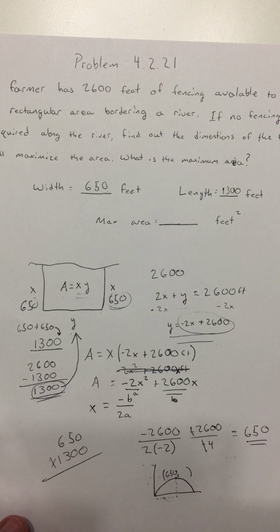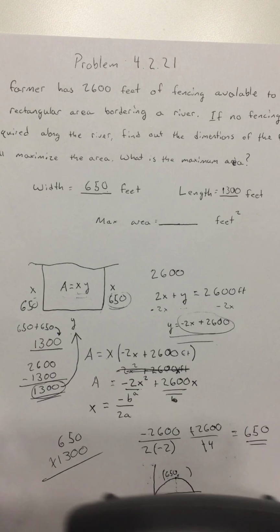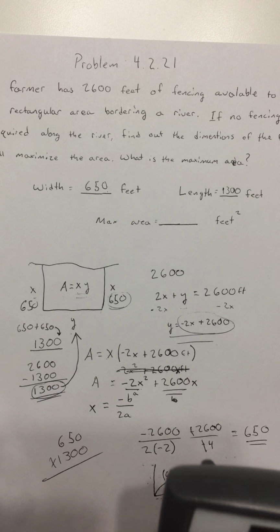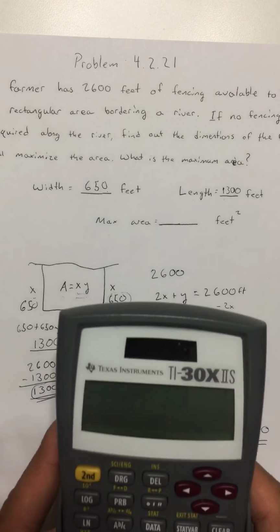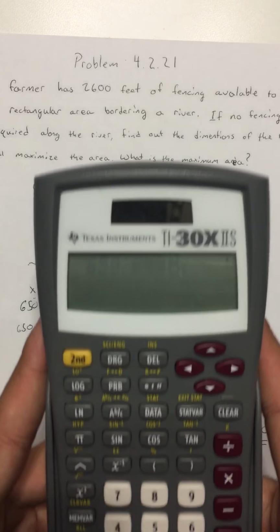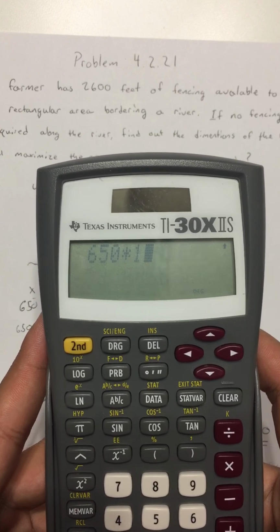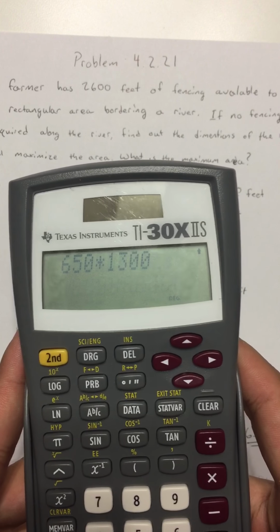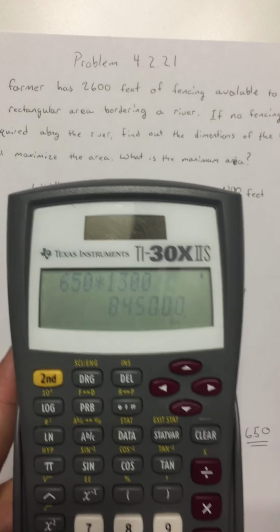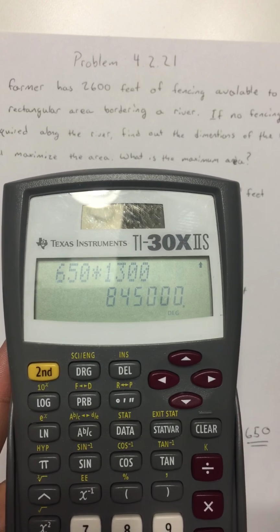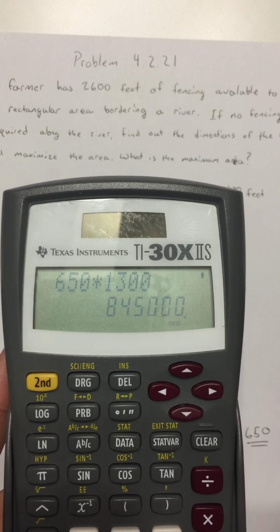And when we do this, let me get my calculator real quick. 650 times 1,300, we get 845,000.